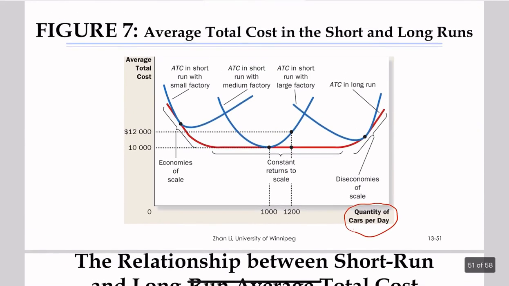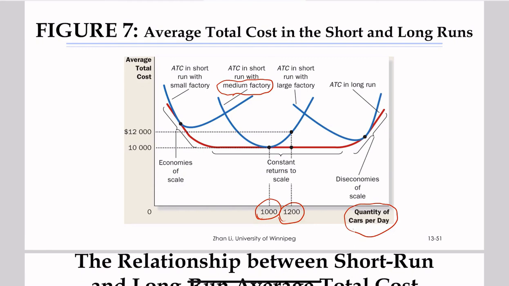So you can see this simple example here. Let's say initially, the firm was producing 1,000 cars. And then one day, the firm decides to increase to 1,200. But you can see that, let's say the firm has a medium-sized factory. If the firm wants to jump from 1,000 cars to 1,200 cars, then there's no way this firm can immediately increase the size of the factory, right?